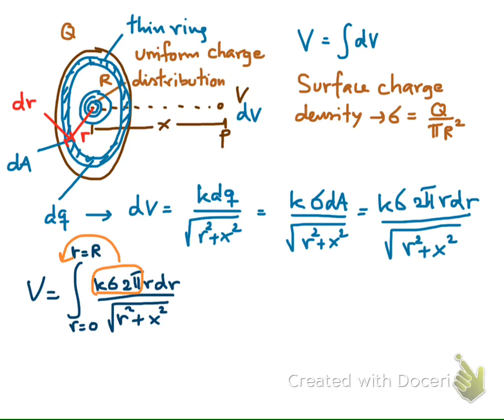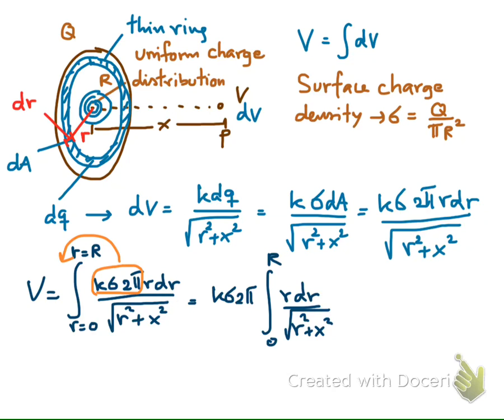So we have k sigma 2 pi integral from 0 to R of r dr over r square plus x square. Like this.